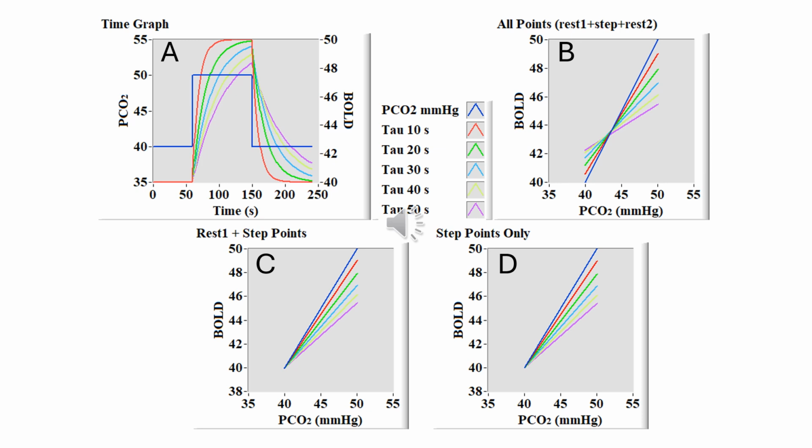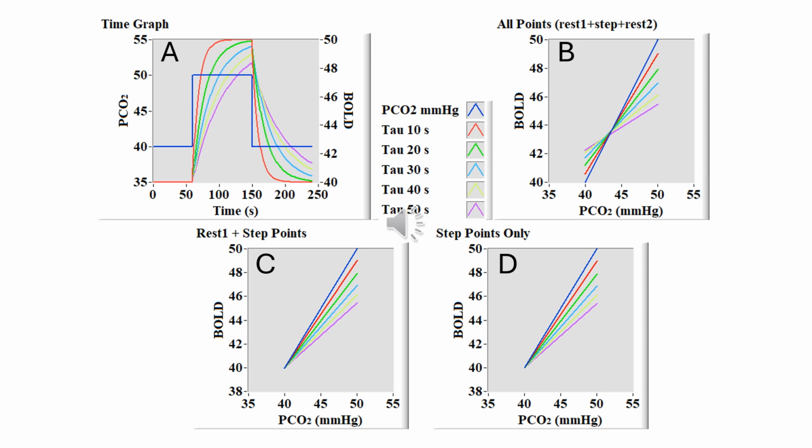Graph C uses points from the initial rest portion and the step portion from 0 to 150 seconds altogether. Graph D uses points from the step portion alone, from 60 to 150 seconds. As can be seen, the effect of transients due to slowed responses on CVR measurement varies with the magnitude of the time constant tau.